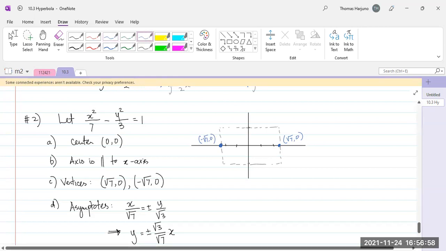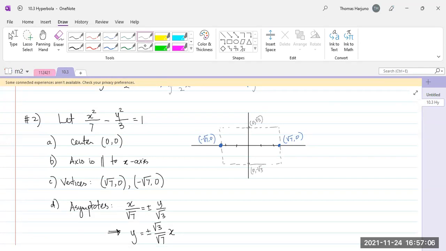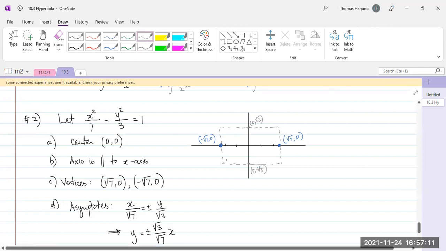This is 0, radical 3. And this is 0, negative radical 3. So the asymptotes will be approximately like this. This is y equals radical 21 over 7 x. This is y equals negative radical 21 over 7 x.